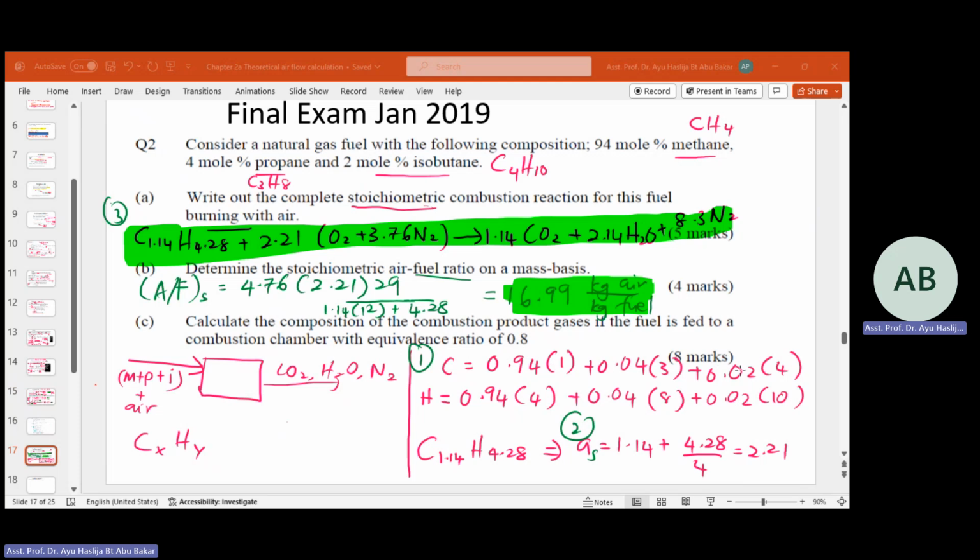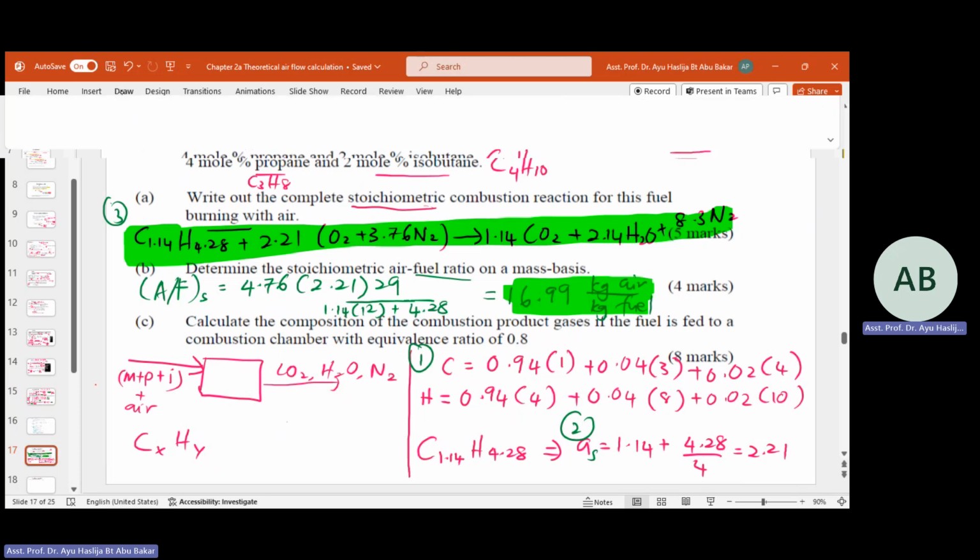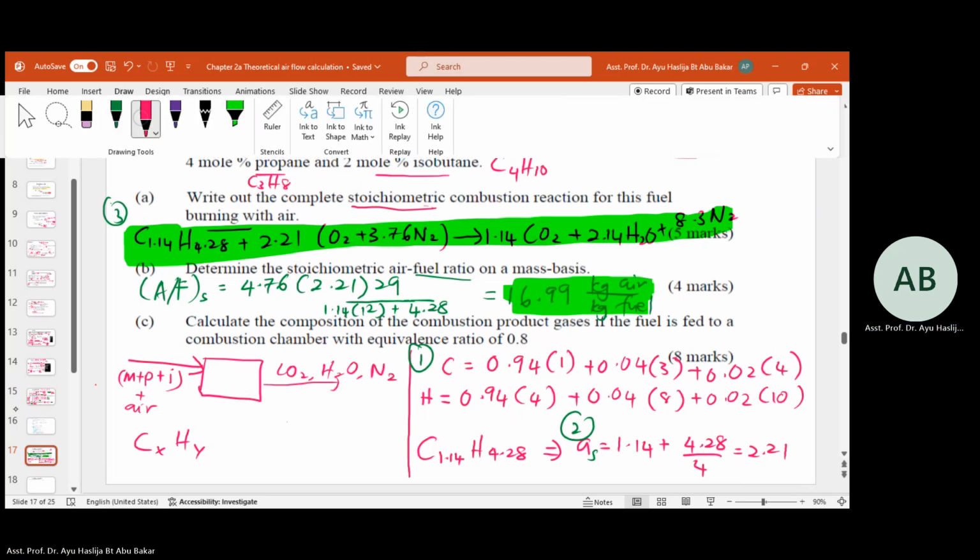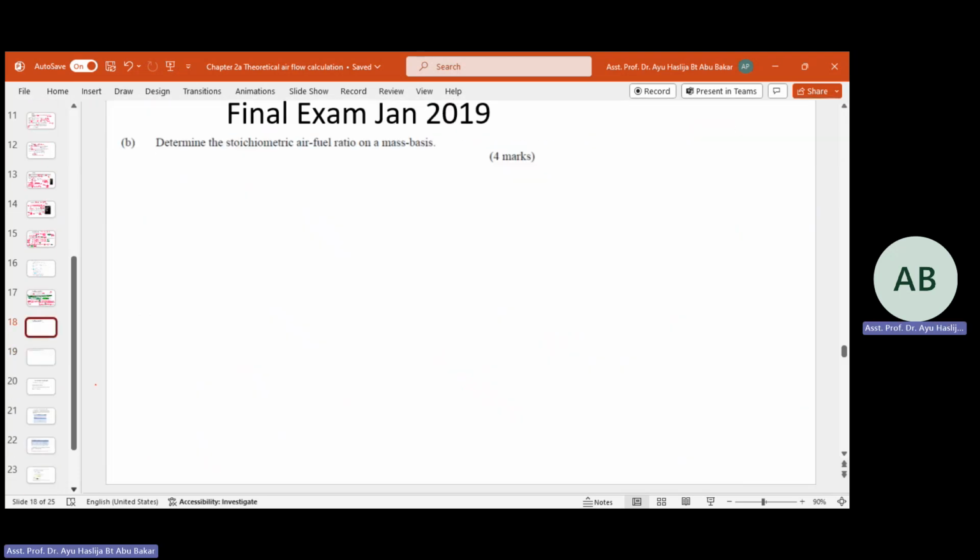Then the final one, 2 marks, inclusive the unit. Okay. Now, next, C, it asks to calculate the composition of the combustion product gases. So we move to the next slide.